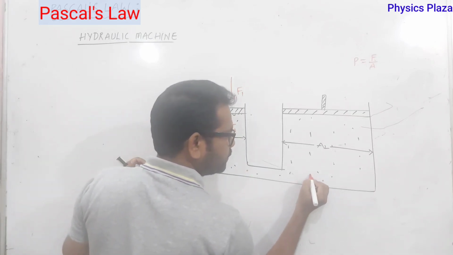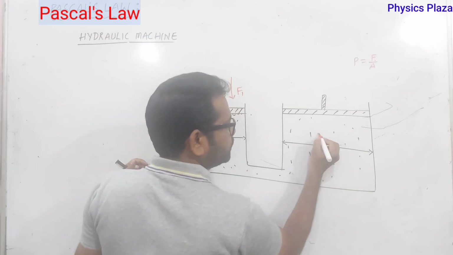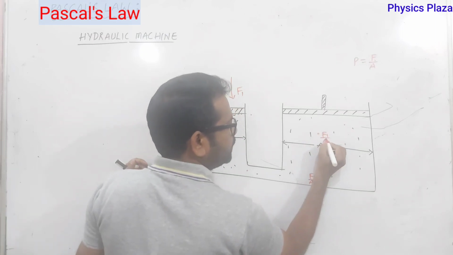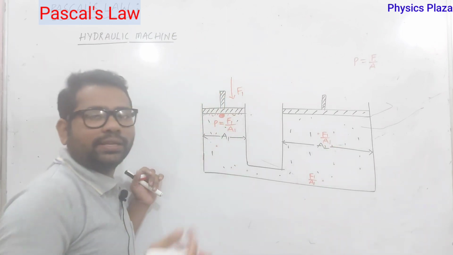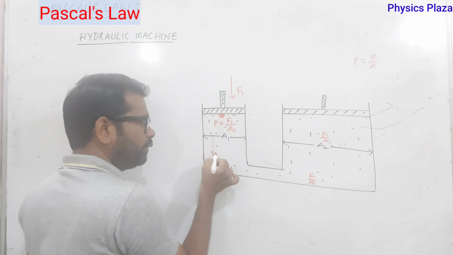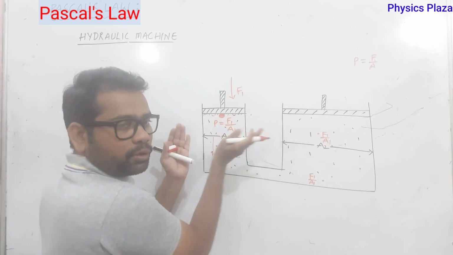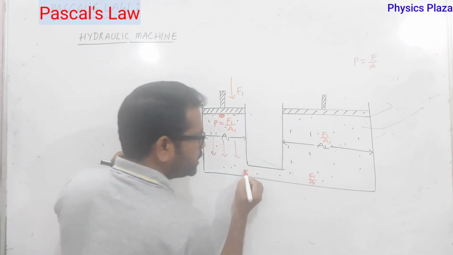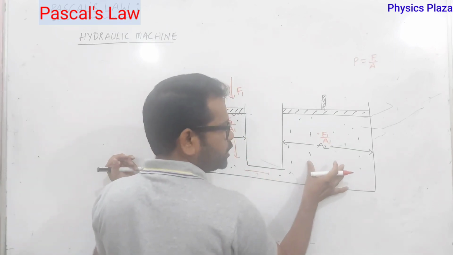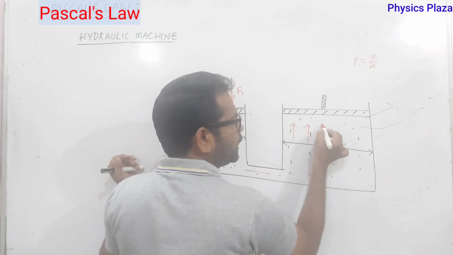Same amount everywhere. It cannot transfer in other directions, so it has to go like this. When it comes to this part, the increased pressure will act vertically upwards.